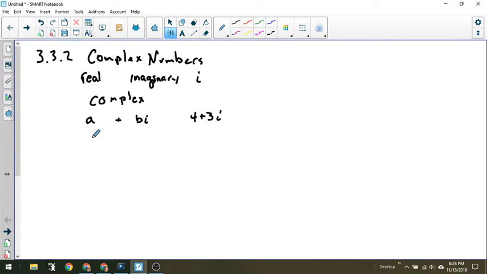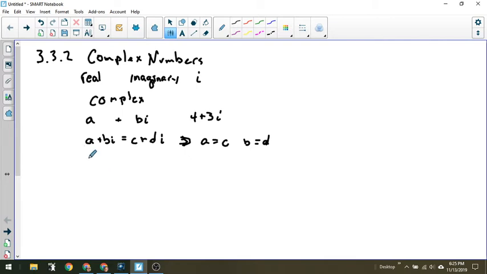First thing we need to talk about is equality of complex numbers. If I have two complex numbers, a plus bi equal to c plus di, by definition of equality, this implies that a has to equal c and b has to equal d. That has to be true or they're not equal.